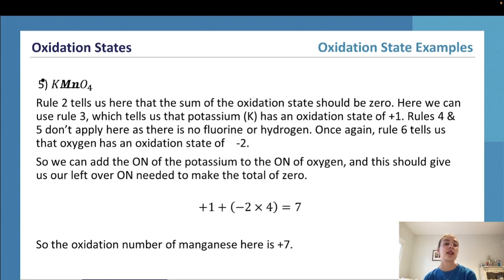And the oxidation state for each individual oxygen atom is minus 2. However, we have 4 of them, so all up they'll be minus 8. But when we're saying the oxidation state for the oxygen, we're saying that each one is separate and individual, so it's minus 2 for oxygen.